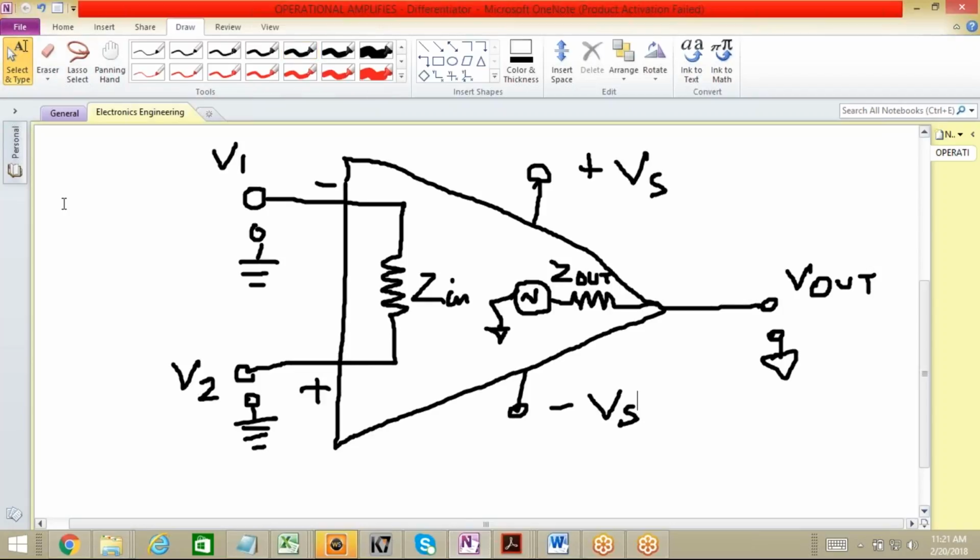In this case, this negative sign over here shows the inverting input, and this one is your non-inverting input. Positive sign is the non-inverting input.